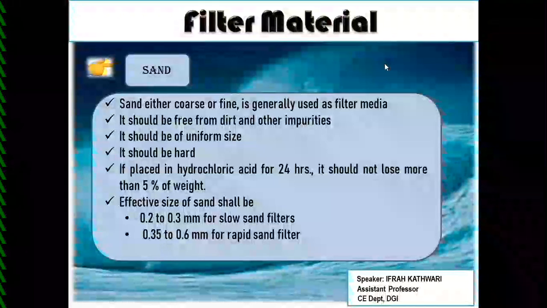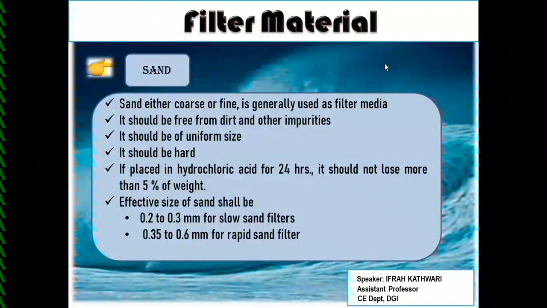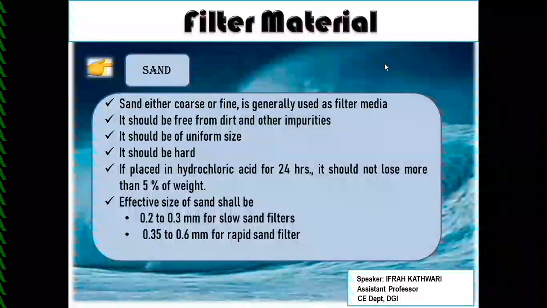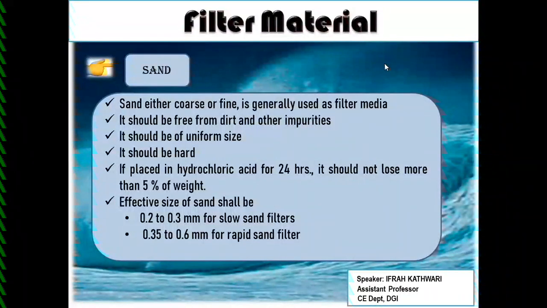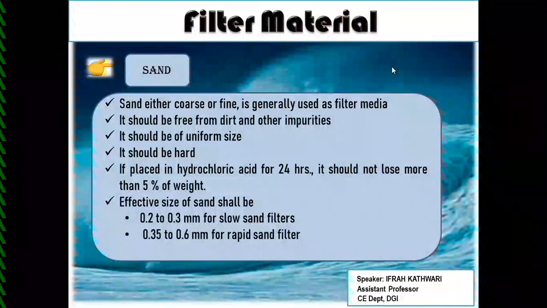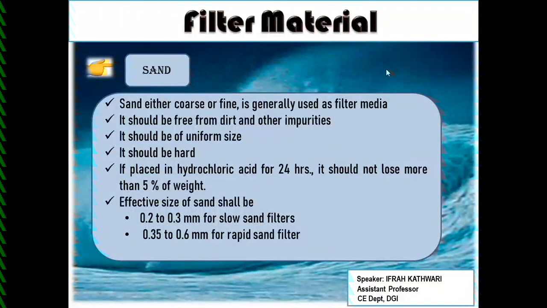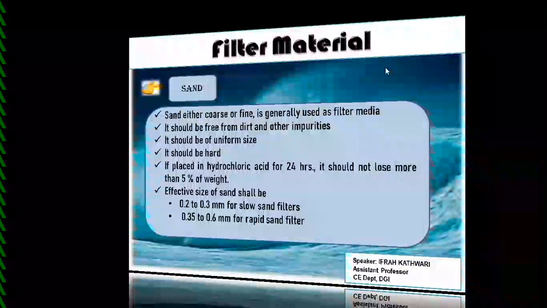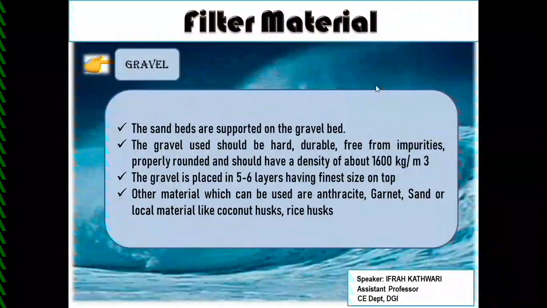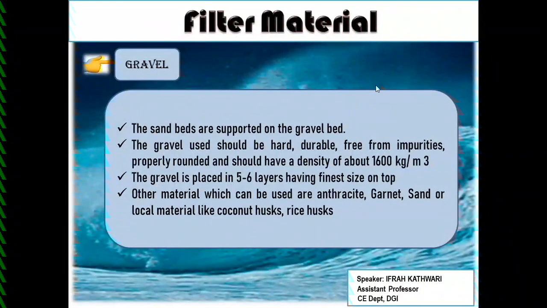Then talking about the size of sand, it should be 0.2 to 0.3 in slow sand filters and 0.35 to 0.6 in rapid sand filters, which I'll talk about, both types of filters, in future lectures.